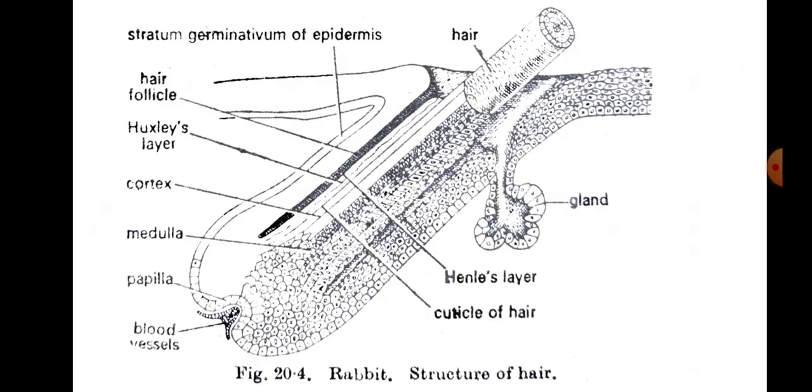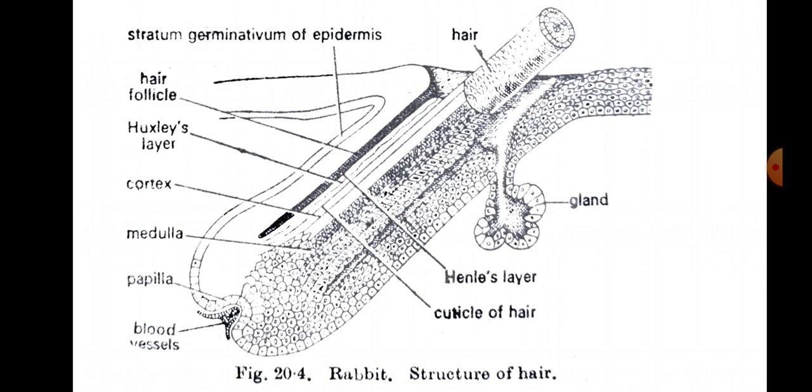Here we can see the structure of hair. The hair is epidermal in origin and found in the mammals only. The hair develops as a thickening of the stratum germinativum of epidermis.